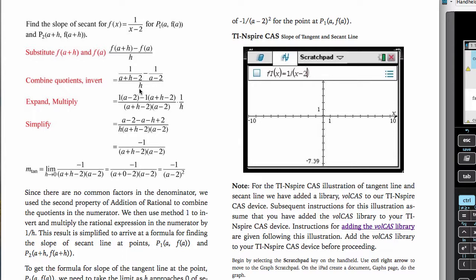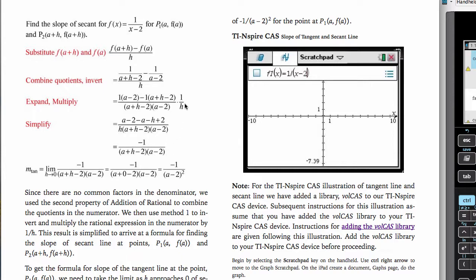Then for this numerator part, we take the first times the second, and then we'll take 1 times a minus 2 minus 1 times a plus h minus 2. Combining like terms in here, we'll end up with minus 1 over a plus h minus 2.